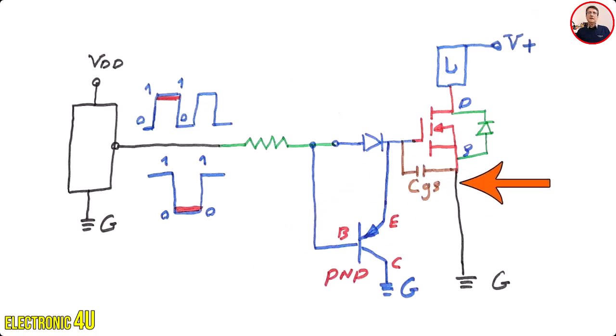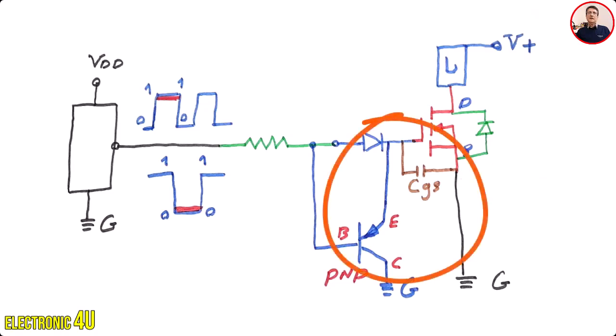The gate and source are connected to each other through the PNP transistor, and the capacitor CGS is discharged and the MOSFET is turned off. In this mode, the gate source current exists between the PNP transistor and the MOSFET, and it does not reach other parts, and voltage peaks do not occur.